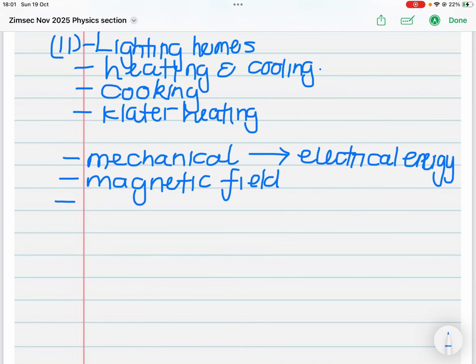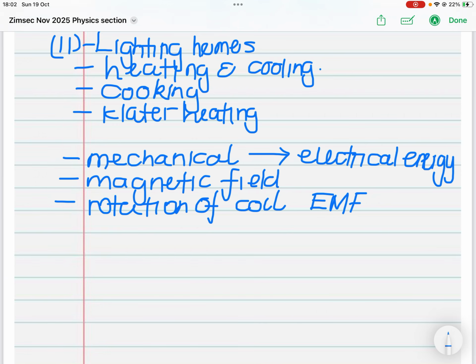As the coil rotates, it cuts through the magnetic field lines, inducing electromotive force in the coil. So we need to talk about the rotation of the coil. This induces electromotive force, generally known as EMF, in the coil. The EMF causes electric current to flow in the coil, which is then collected and sent to an external circuit.